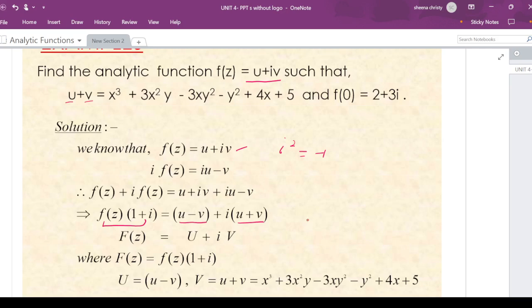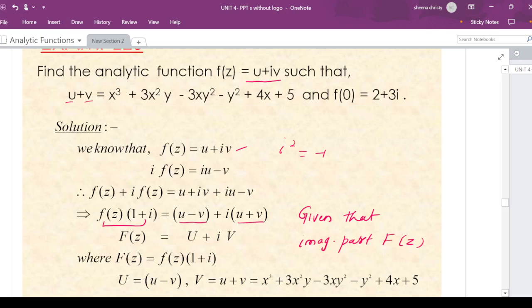Therefore, the given problem is: given the imaginary part of capital F of z, you are having the imaginary part of capital F of z.